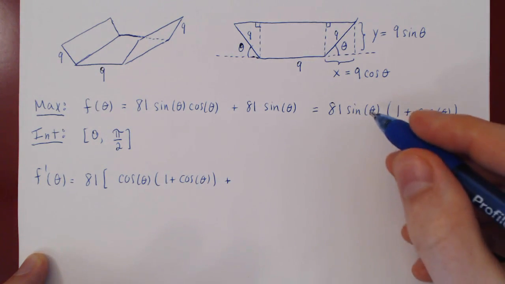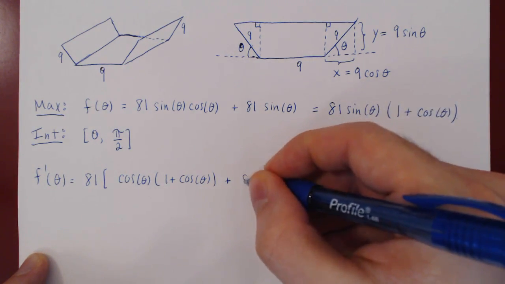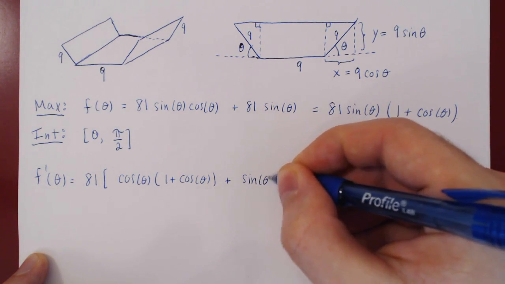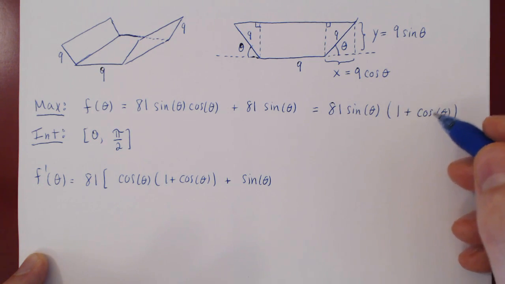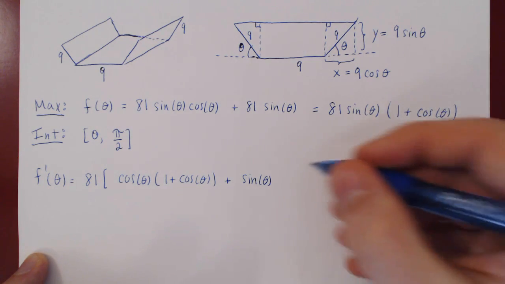plus, by the product rule, the first function, sine of theta, times the derivative of the second function. Derivative of 1 is 0. Derivative of cosine is negative sine of theta.